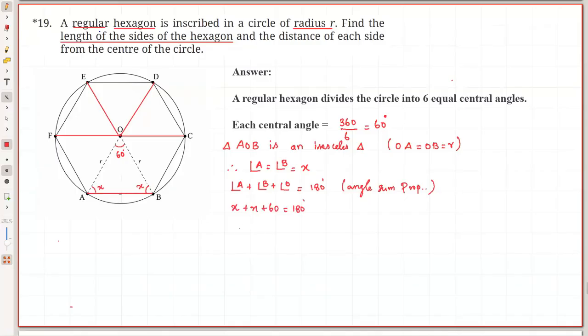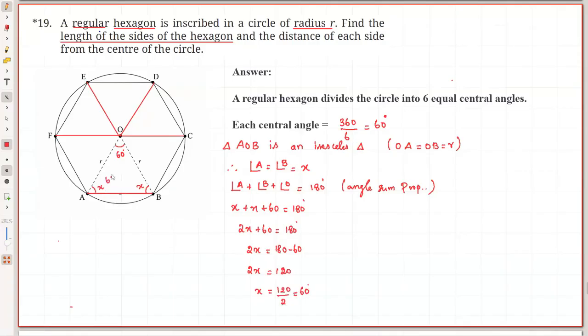Now X plus X is 2X. 2X plus 60 is equal to 180 degree. Now 2X is equal to 180 minus 60, which is 120 degree. Now X is equal to 120 divided by 2, which is 60. Now I am getting X also 60.